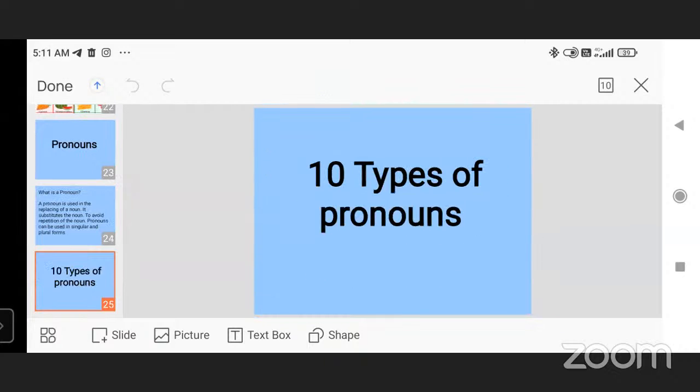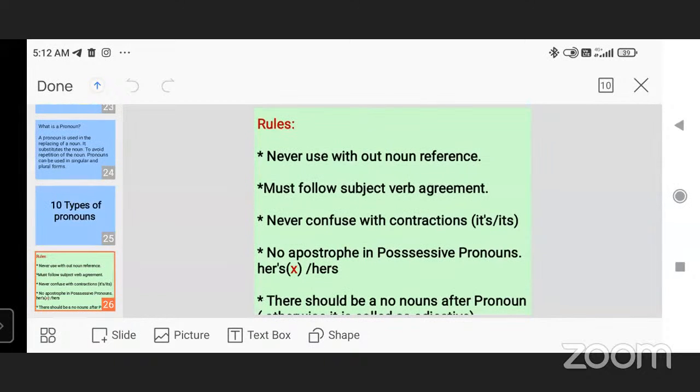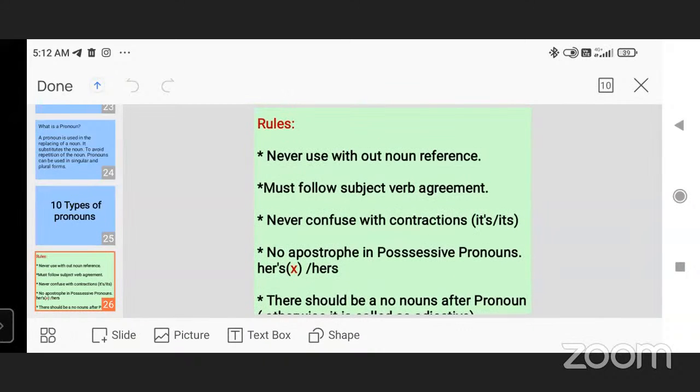How many types do we have? We have 10 types of pronouns. I just want to give you some information, or rules, for pronouns. We have certain rules, isn't it? When going for a walk, what will the elders say? Hey, my dear, walk on your left side, not on the right side.